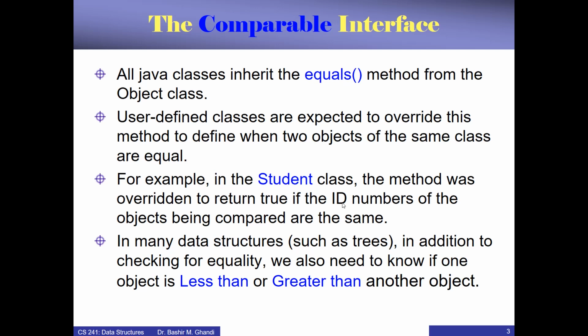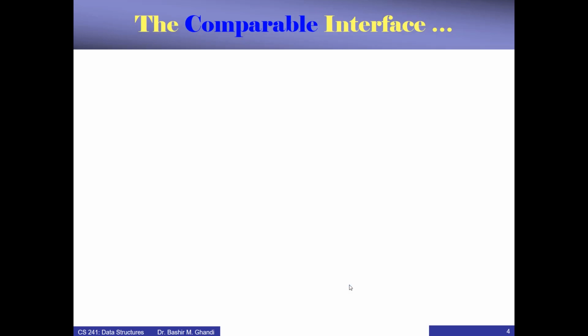In many data structures, particularly with trees that we are going to study now, the equals method is not enough for us, because in addition to being able to check whether two objects are equal, we also need to check whether one object is less than another or is greater than another. Right.